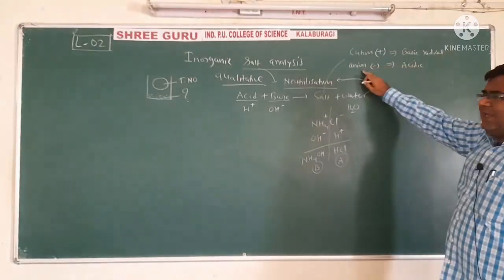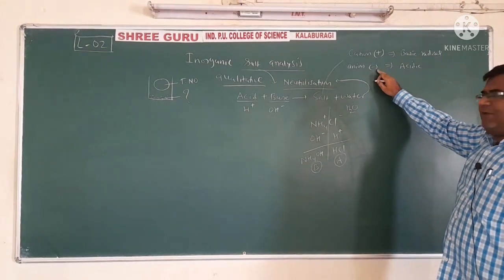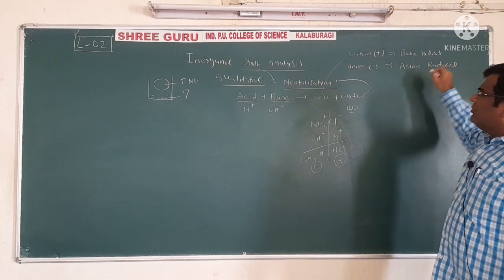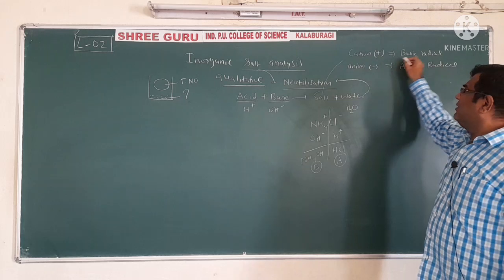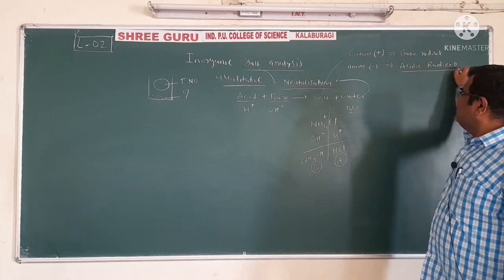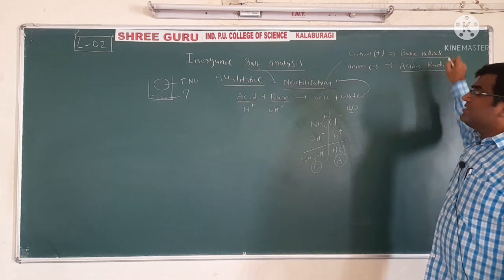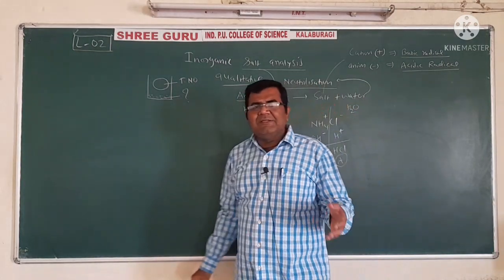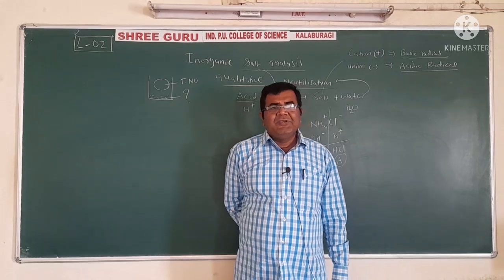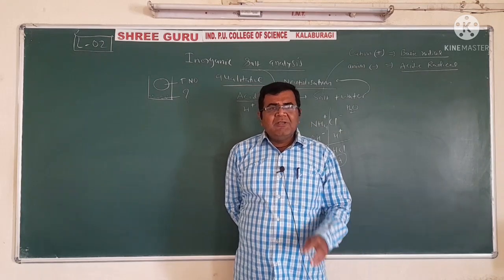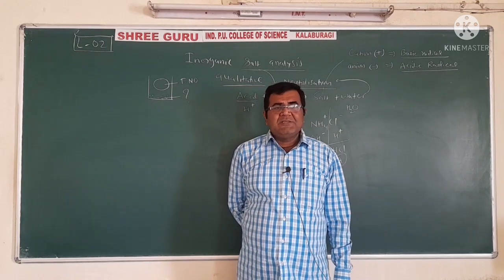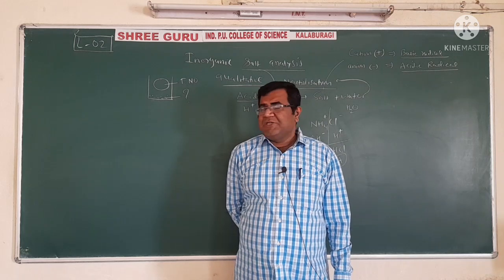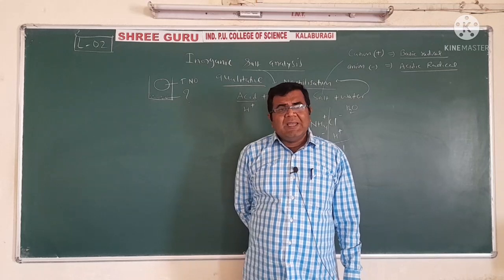And our anion, which is the negative ion, is an acidic radical. So in our salt, there will be one acidic radical and one basic radical, and we have to identify which acidic radical and which basic radical is present in our given salt, which carries 10 marks in the annual practical examination. So how to analyze it?